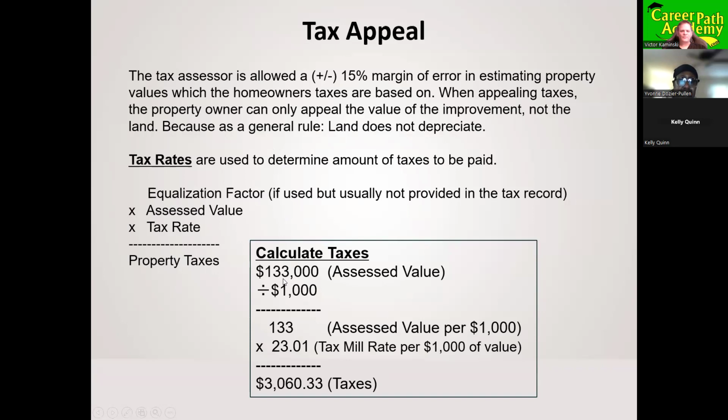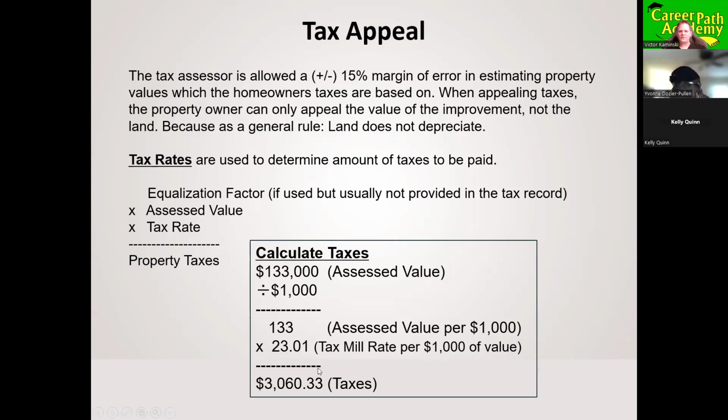In this example, in a tax record, it shows the assessed value for one of my neighbors. This was a couple of years ago. Their assessed value is shown at $133,000. You divide it by $1,000 if the problem was telling you that it's per $1,000 of value.